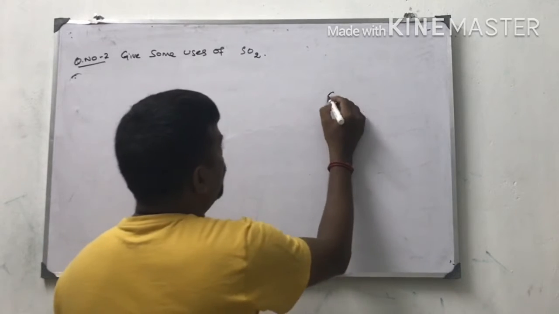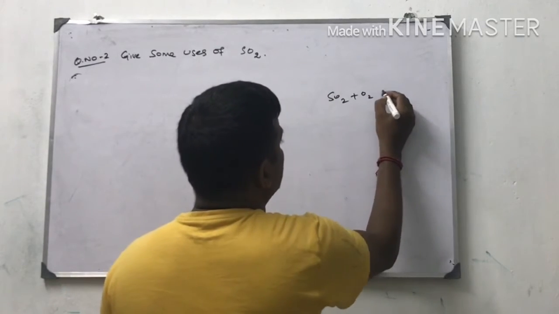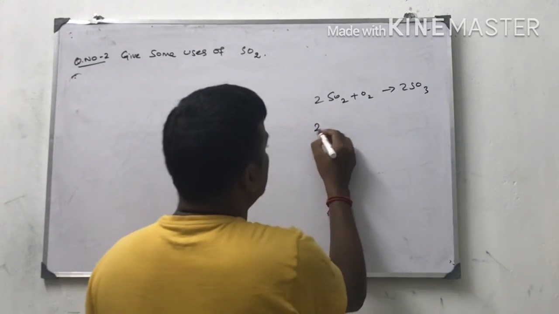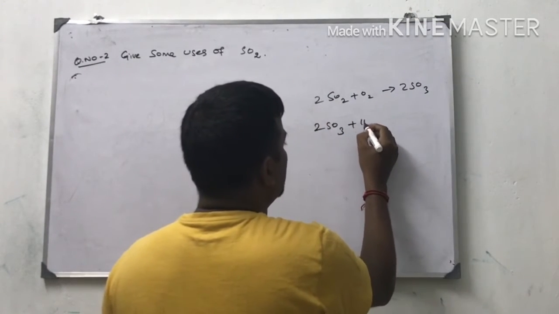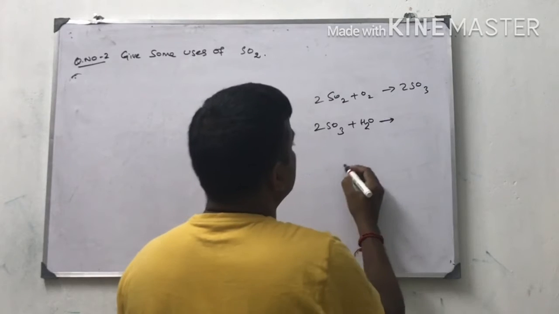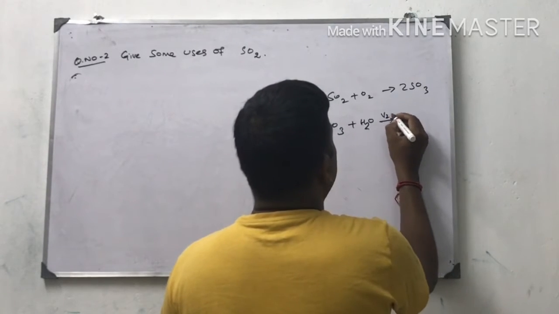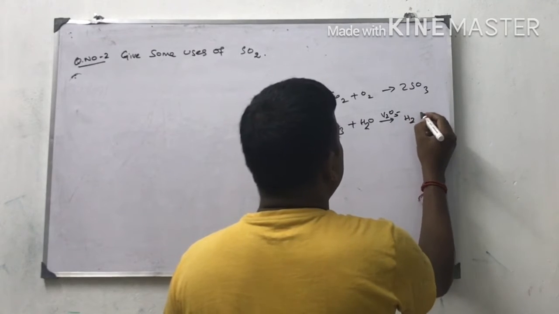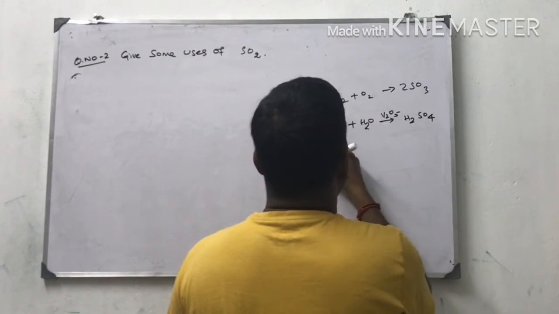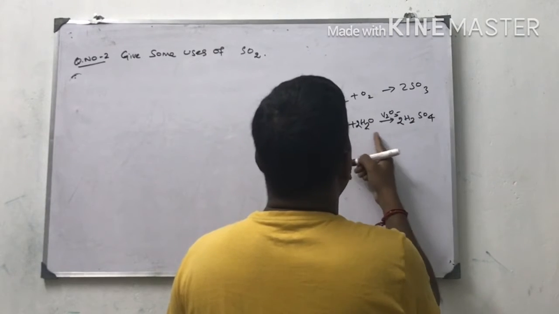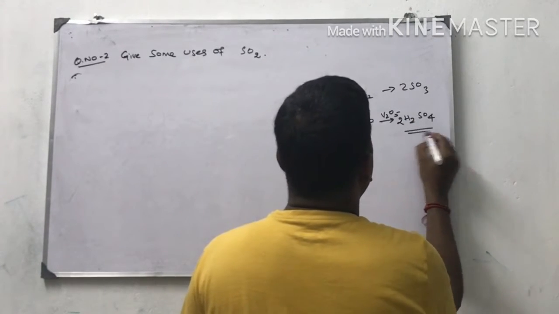See, SO2 plus O2 gives 2SO3. This 2SO3 reacts with H2O in the presence of V2O5 to give 2H2SO4.